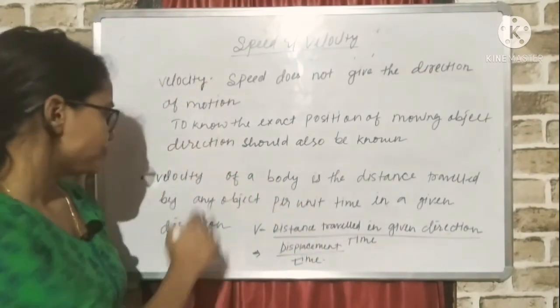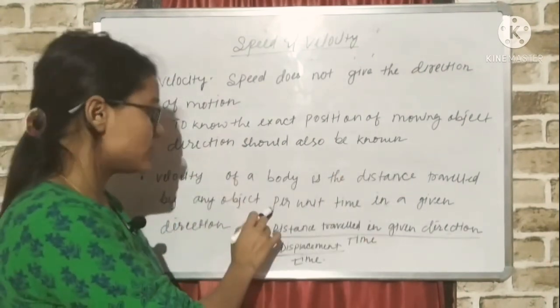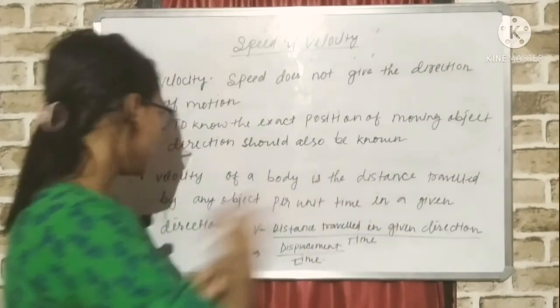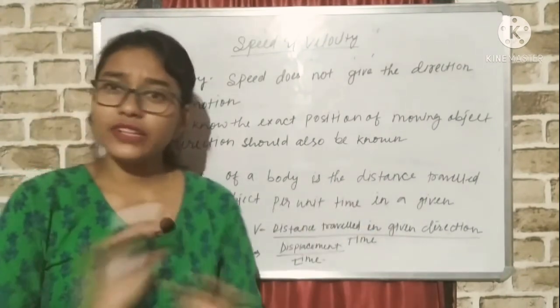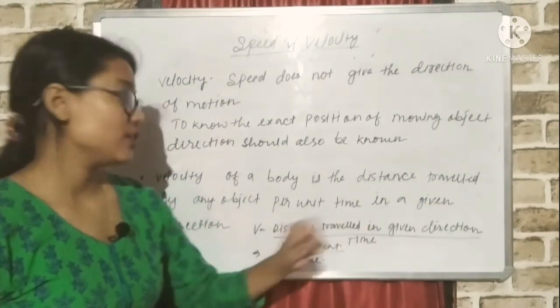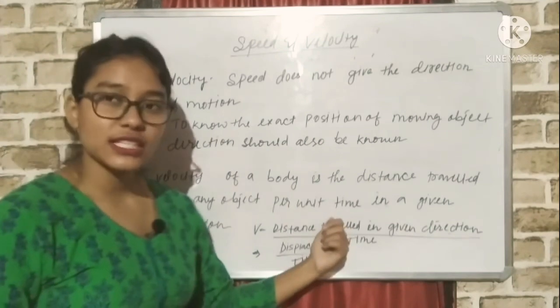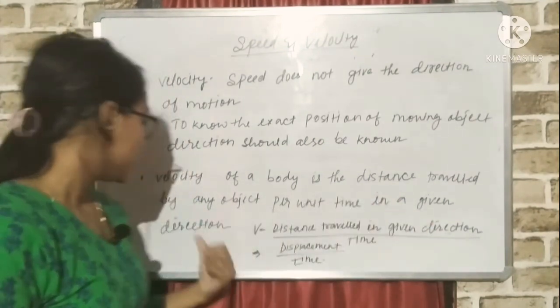Now you see, the velocity of a body is the distance traveled by any object per unit time in a given direction. Everything is the same, but in velocity direction is needed.